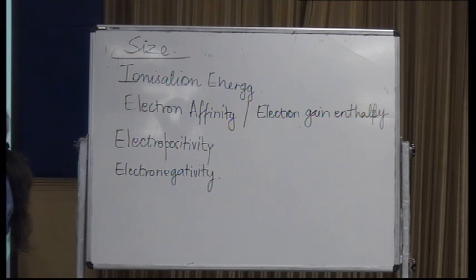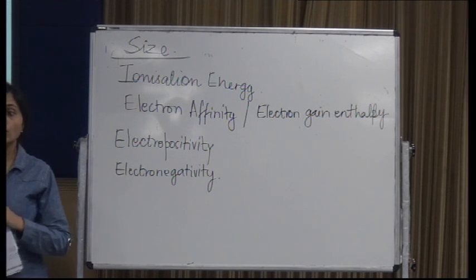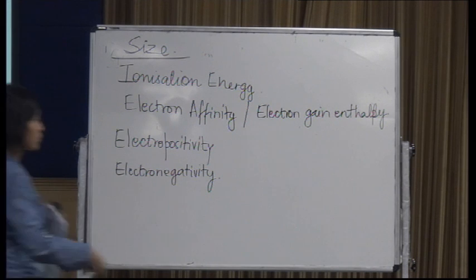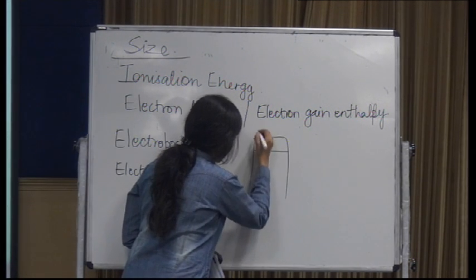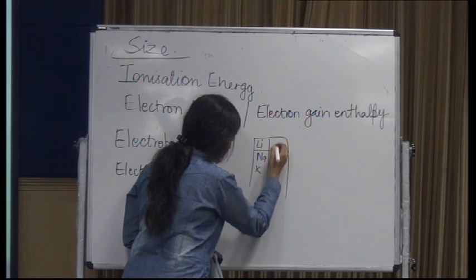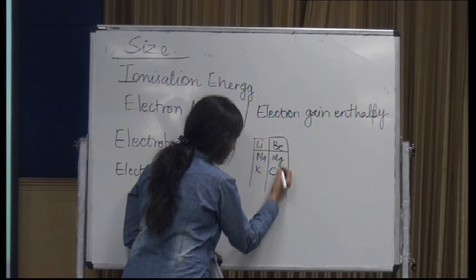Now there are doubts. What is diagonal symmetry? Diagonal symmetry is like when we move back to the periodic table. If you look carefully at the periodic table, say this was your periodic table. Let me just talk about the first one. You have hydrogen, lithium, sodium, potassium, and then you have beryllium, magnesium.